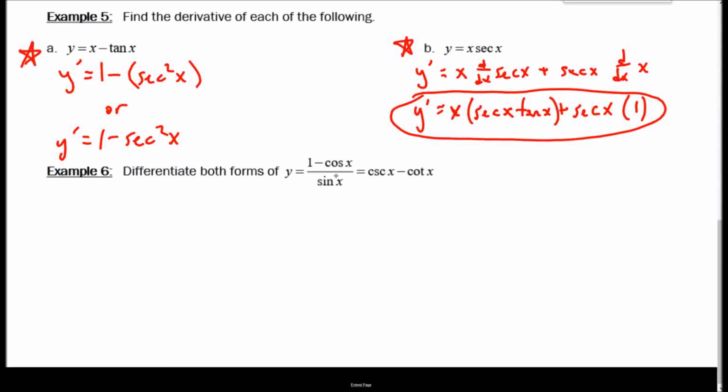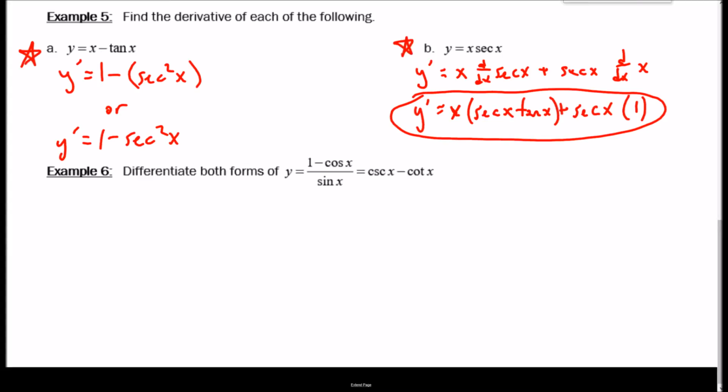These are the same function, just rewritten using our Hart problem rule, where 1 over sine x equals cosecant x, and cosine over sine of x equals cotangent x. But we're just going to look at the two different differentiation techniques here.